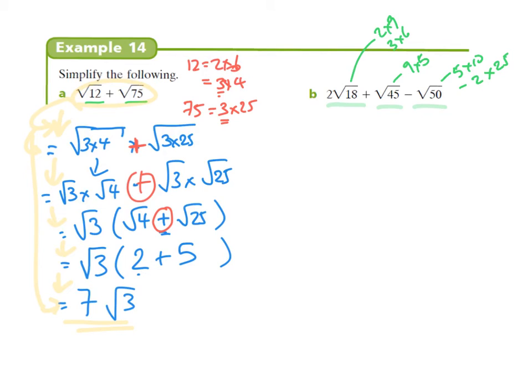So I haven't got one common factor that appears across the 3 terms. 5 appears in the second one and also in the last one, but not in the first one. So we're just going to have to break this down as best we can.